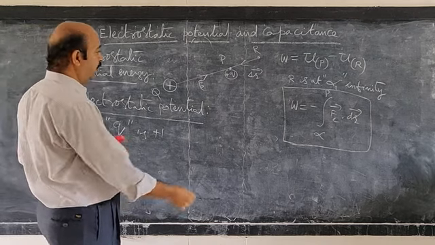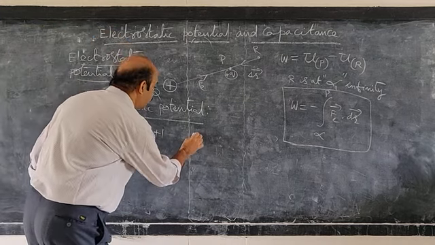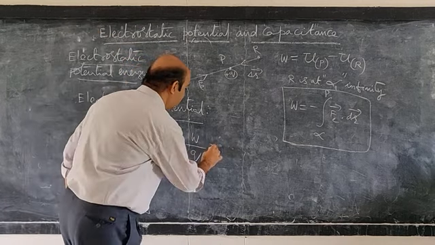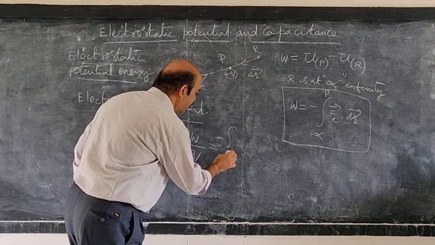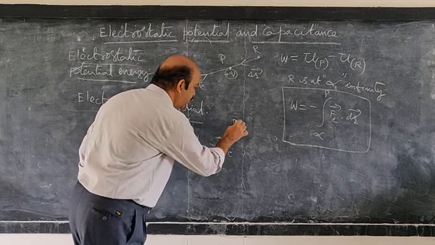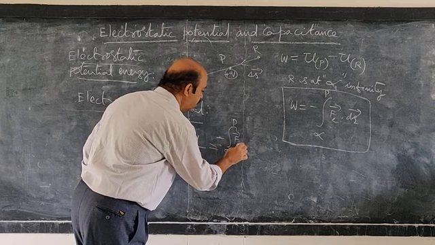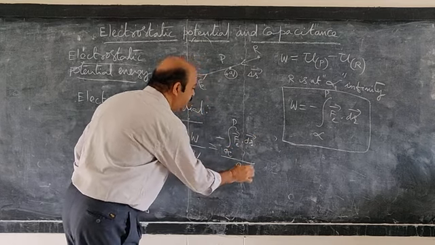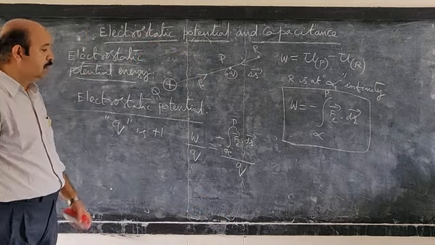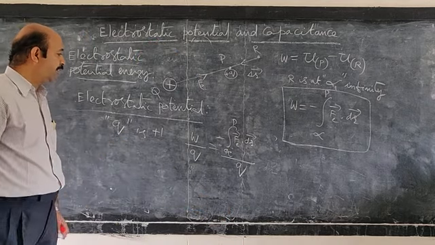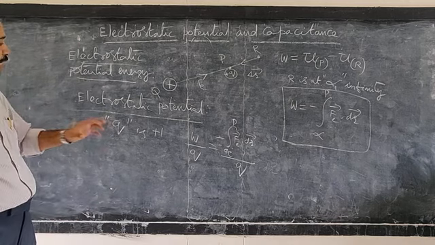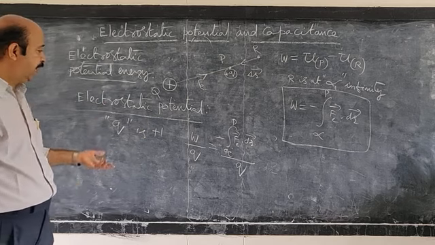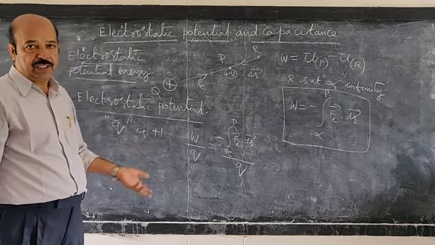Then the work done per unit charge is written like this, from infinity to P, E dot dr. This is the total work done, so per unit charge, how much work you did, is defined as the electrostatic potential. So the potential energy per unit charge is defined as electrostatic potential.